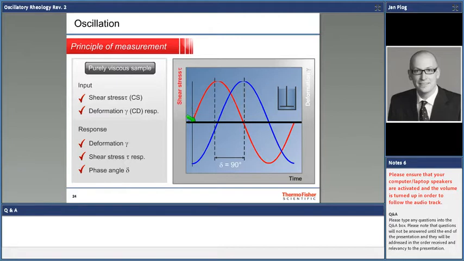It will follow the input signal with a phase shift of exactly 90 degrees. Meaning nothing else than that you put in a sine wave, you get out a cosine. This becomes very important a little bit later on when we talk about separating the modulus into a viscous and an elastic component. Keep that in mind.